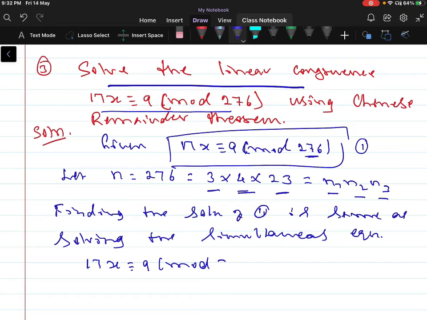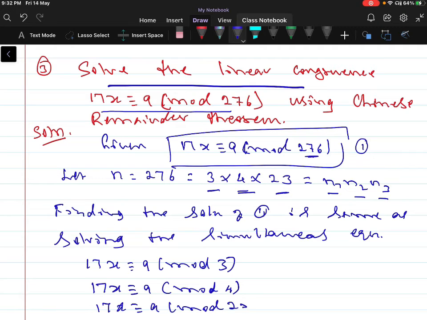So the first is modulo 3; the second equation is 17x is congruent to 9 modulo 4, and 17x is congruent to 9 modulo 23.